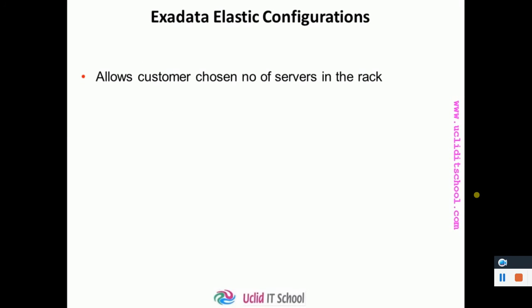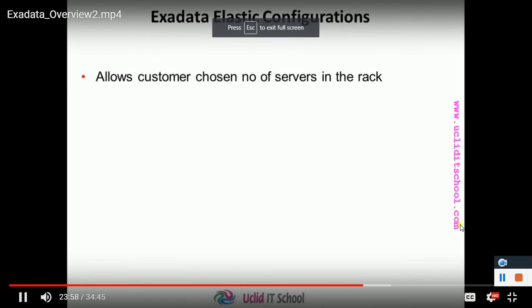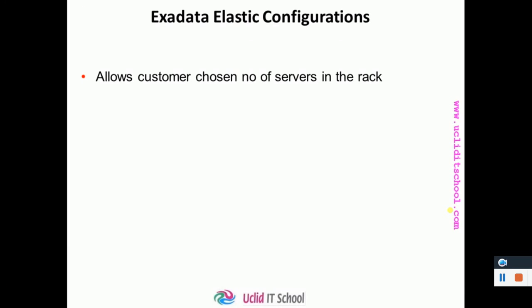In elastic configuration, the number of servers are not fixed by Oracle, like in standard configuration. Then who will fix that? It is the customer. Customer can choose how many database servers they want and how many storage servers they want in the rack. Of course, there are some rules and regulations for that.